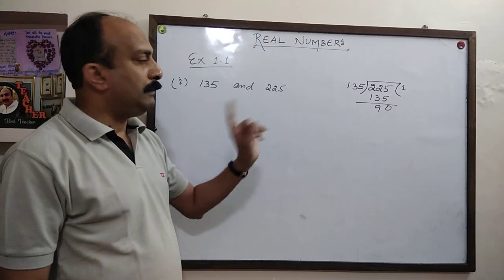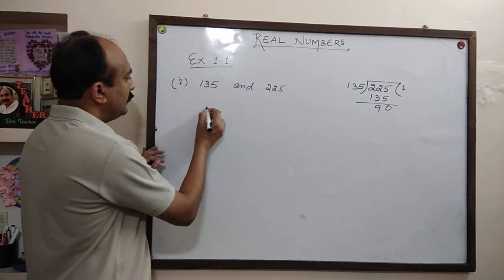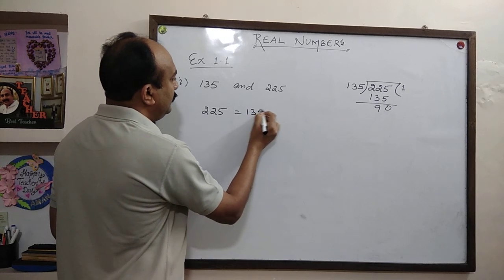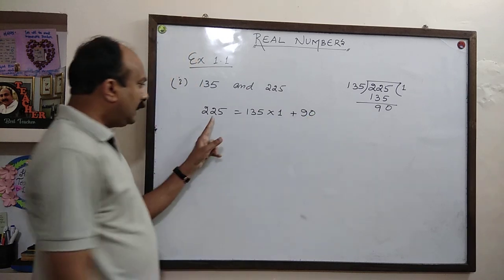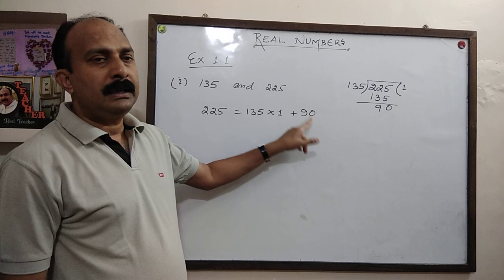So we know that the remainder is not 0. So we will write the first step. 225 is equal to 135 into 1 plus 90. A is equal to BQ plus R.